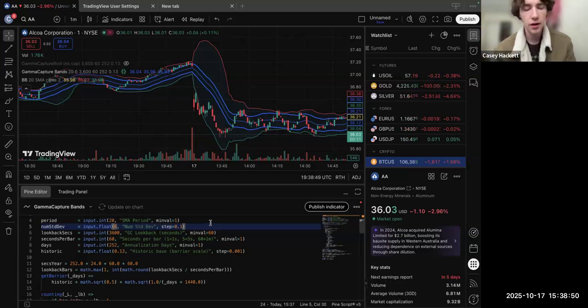And we saw this issue in NinjaTrader, where we load in the second data series no matter what. I'm wondering if there's a way in TradingView to guarantee that, because you need either one of two things. You either need the person to load in the second data and for your gamma capture bands to understand that they loaded in the second data somehow.